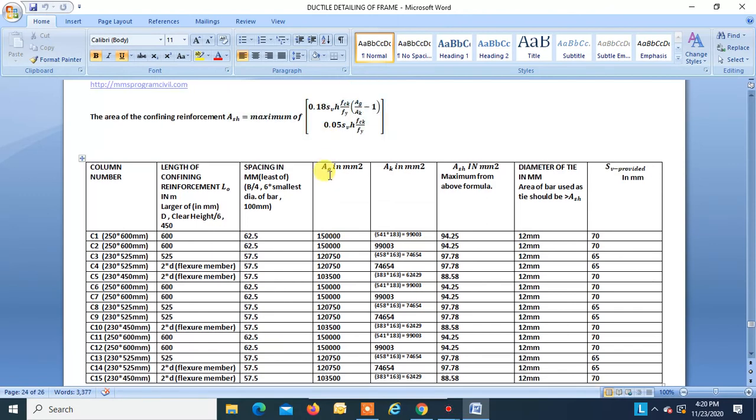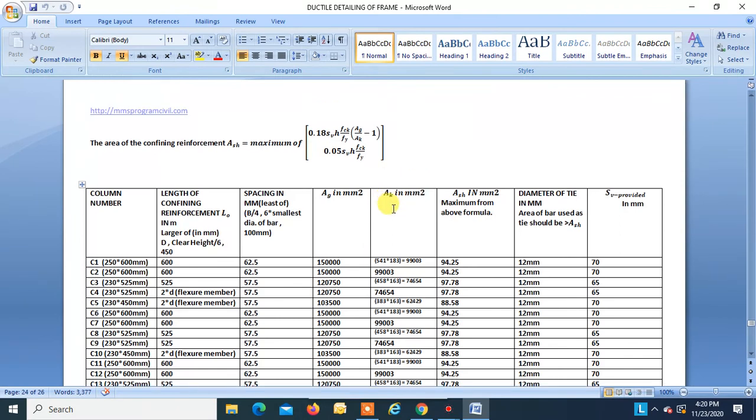Now AG is the cross-sectional area, this into this. AK is the area inside the confining reinforcement, that is the area which is shown in this table, right? So the area of confining reinforcement, that is ASH, has to be the maximum out of these two.